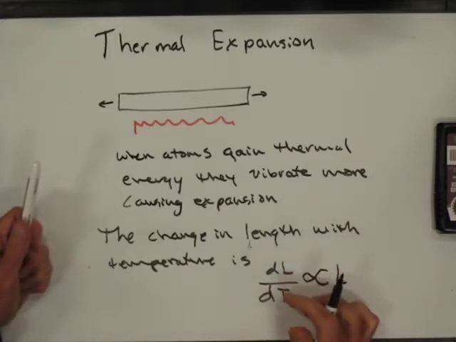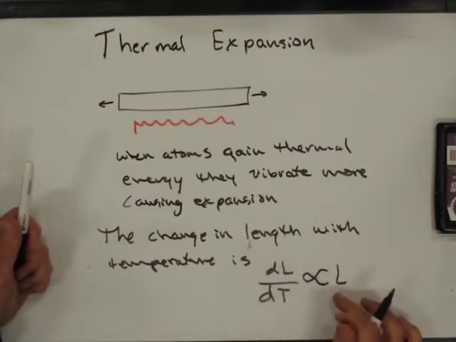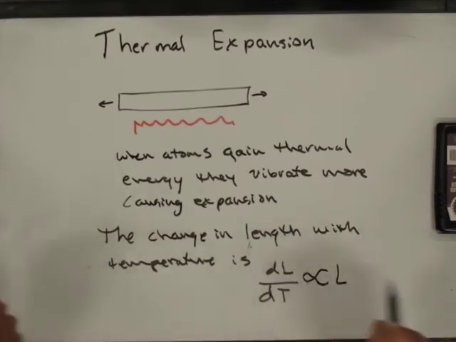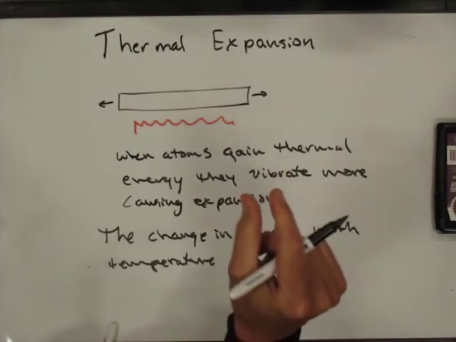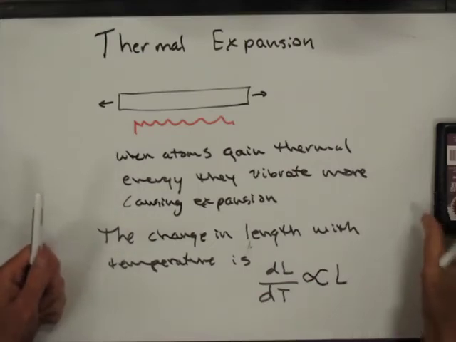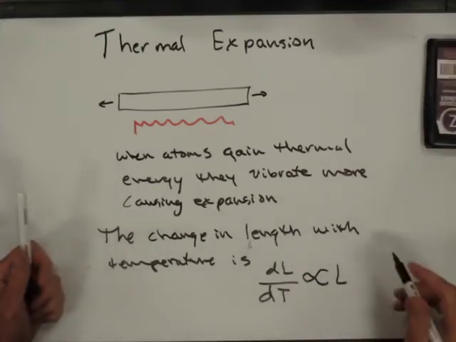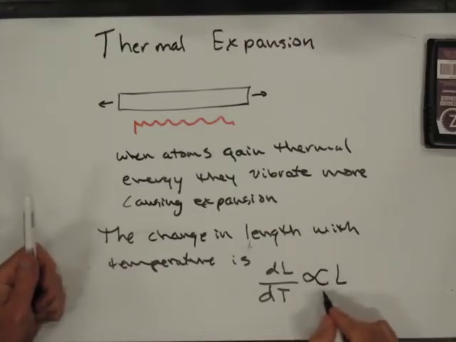This is dL/dT, the change in length with respect to a change in temperature, is proportional to how long it is. Hopefully this makes common sense. How much expansion you get depends on how long the object is. An object that's really short isn't going to have much expansion. An object that's really long is going to have more expansion, assuming they're made of the same material.